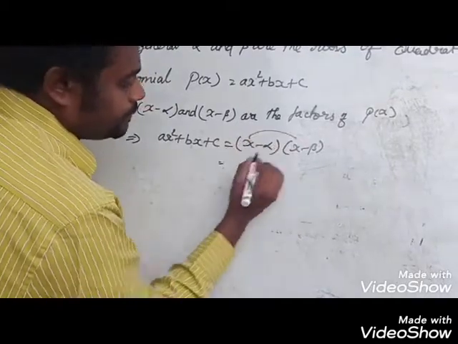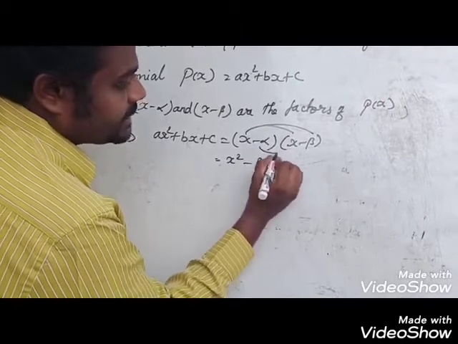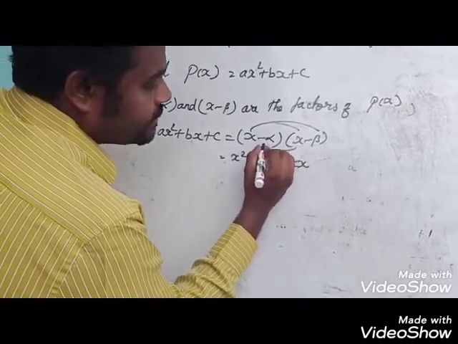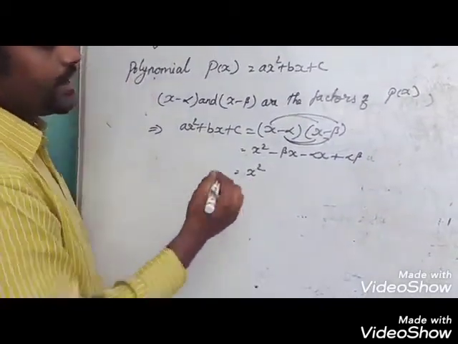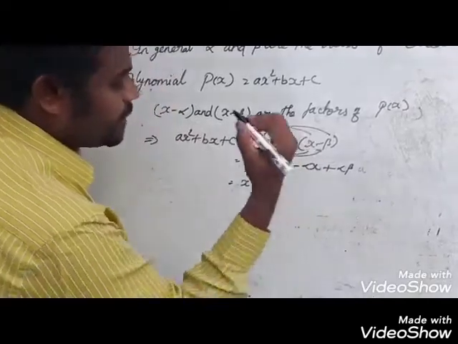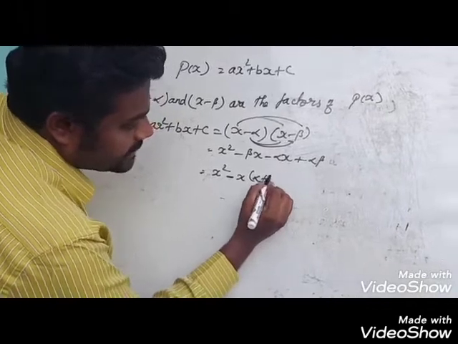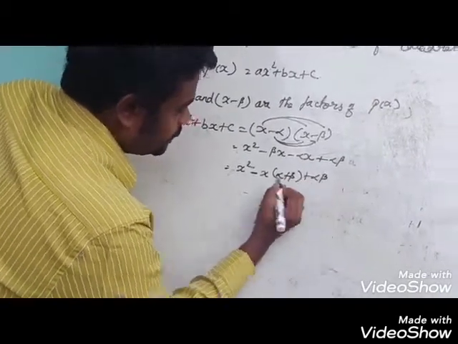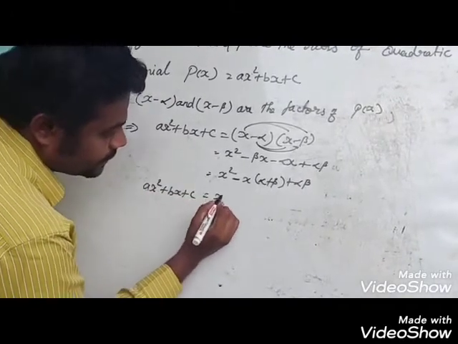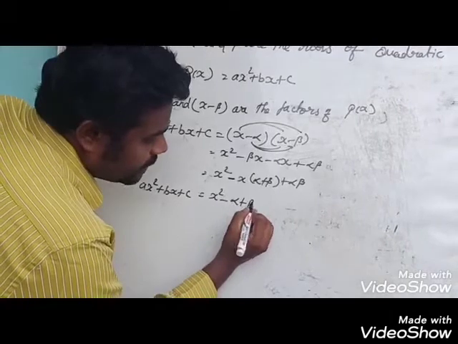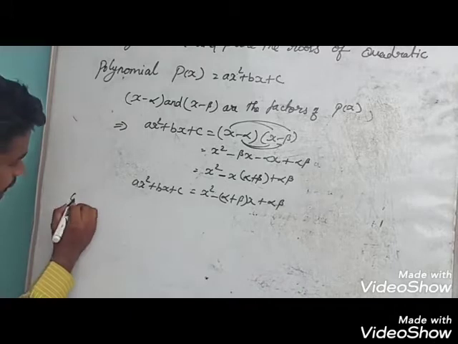Now we multiply: x square minus beta x minus alpha x plus alpha beta. Taking minus common and x common, ax square plus bx plus c equals x square minus of alpha plus beta x plus alpha beta.